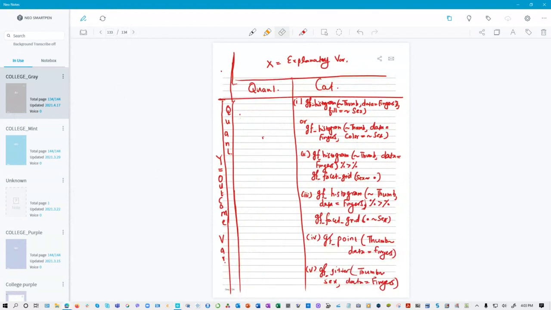I'm going to give you a heads up, something ahead of time. Now the jitter plots. Jitter plots come for quantitative and categorical, quantitative. I'm going to give that one ahead of time for you to have all the information in one place.